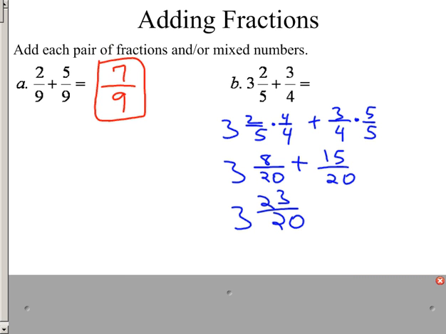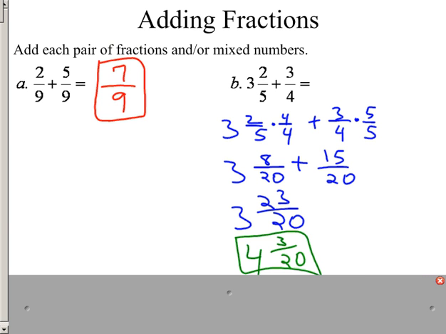I have 23 parts in the numerator. So I can add 1 to a whole number if I take 20 parts out of this 23. So I'm going to add 1 to the whole number part to get a 4, and I'm going to subtract 20 from the numerator to get 4 and 3/20. That's how you do it by hand.